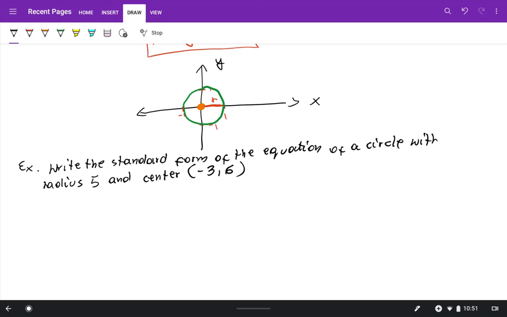Okay, so we're going to write the standard form of equation of the circle.